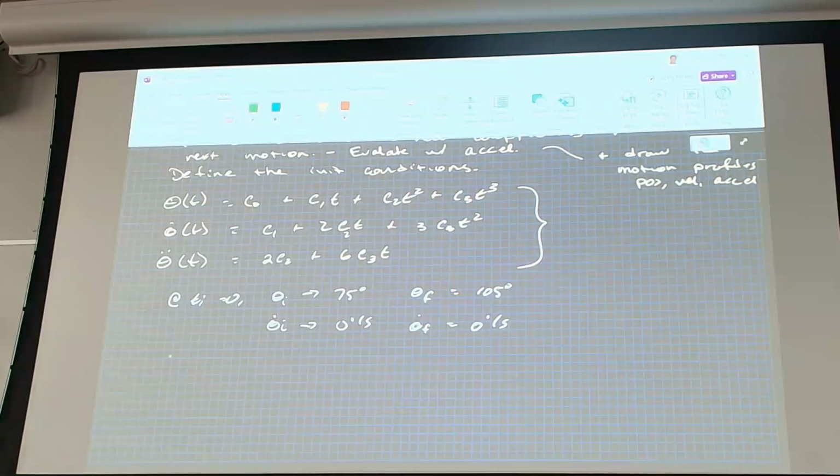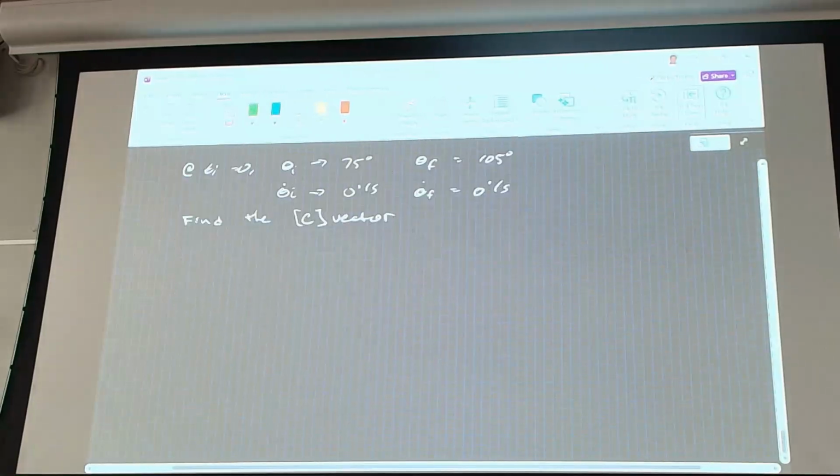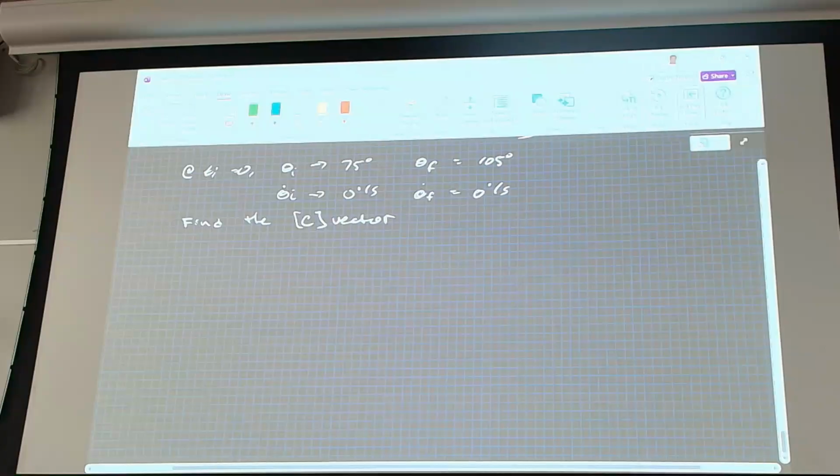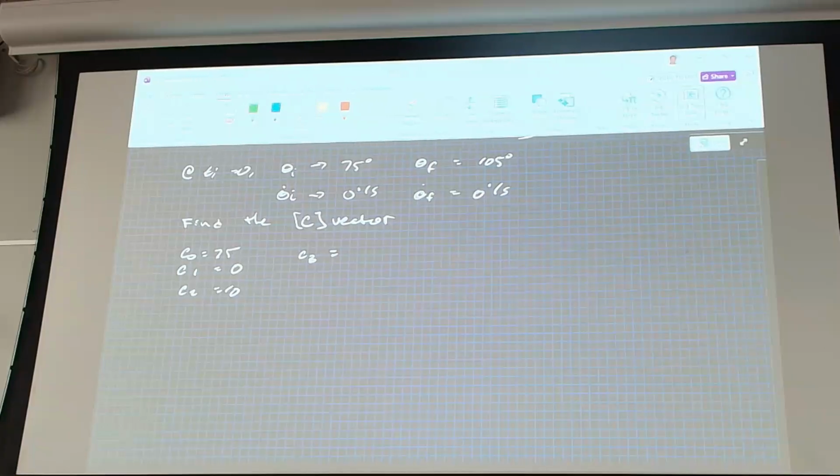So now find C. So again, I have my initial conditions. C0 is 75. I can say that C1 is going to be 0. C2 is going to be 10. C3 is going to be minus 2.2.